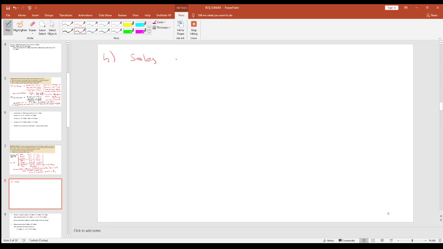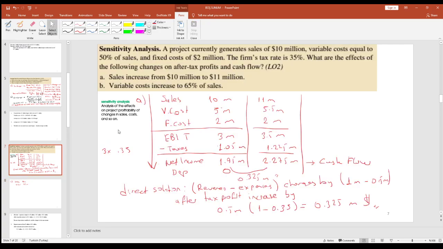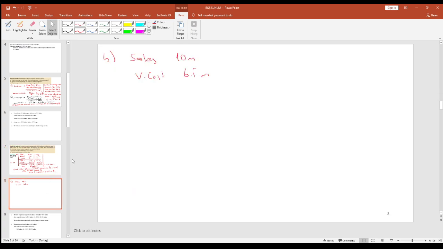Sales remain the same, 10 million. Variable cost changes to 6.5 million. Remember the problem again, 65% of sales. So 65% of 10 million is 6.5 million. Fixed cost is 2 million. So this equals earnings before interest and tax, which is 1.5 million.